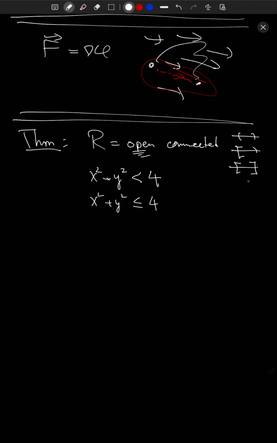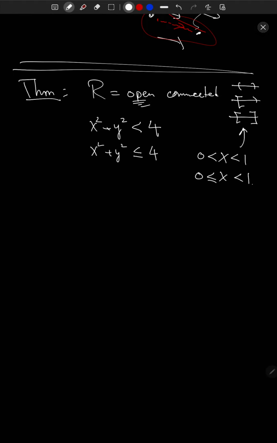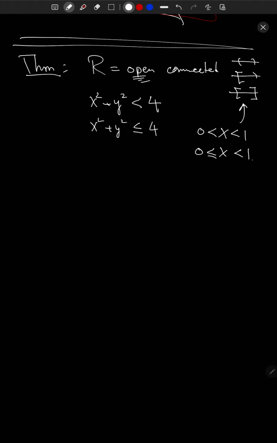Similar to the interval situation, where this is an open interval and this is not an open interval. Maybe I should say more precisely, mathematically, a region is open if for every point in the region there's a tiny little ball around that point that entirely lives in the region.